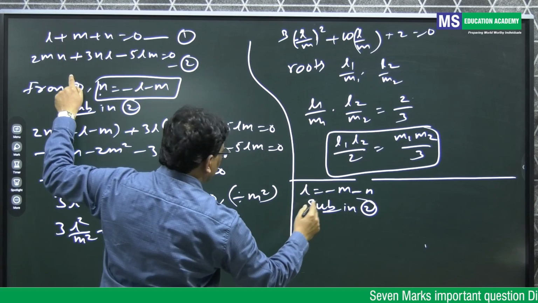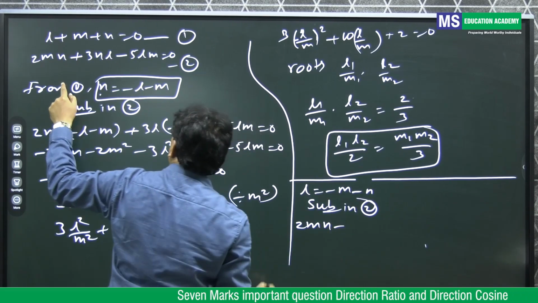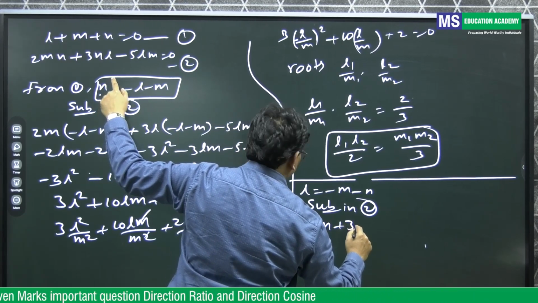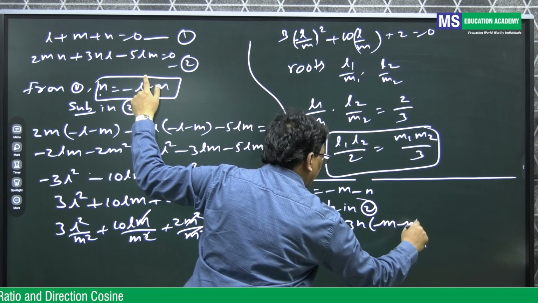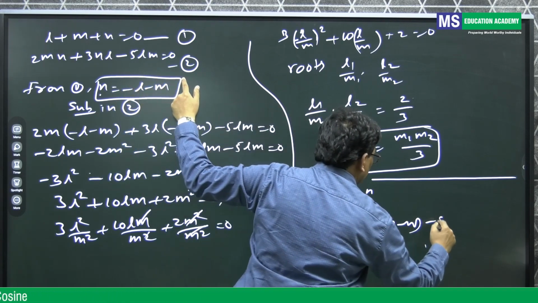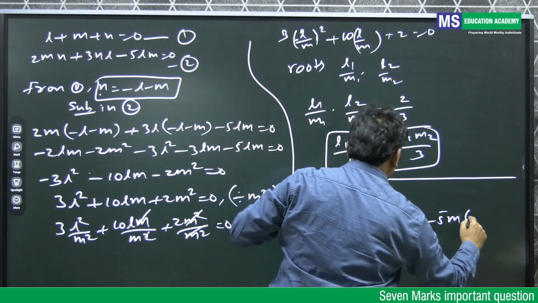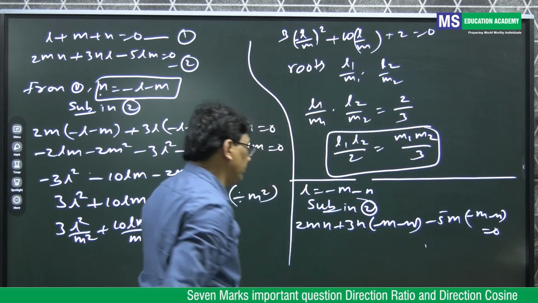That is, in place of L we replace: 2mn plus 3n into L value, minus M minus N, minus 5m into L value, minus M minus N, equal to 0.